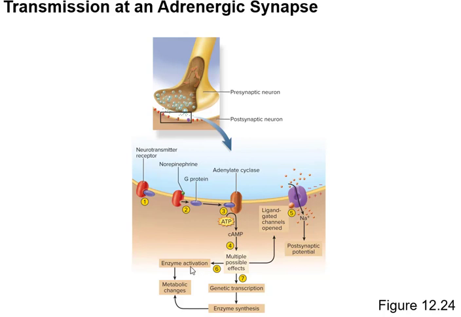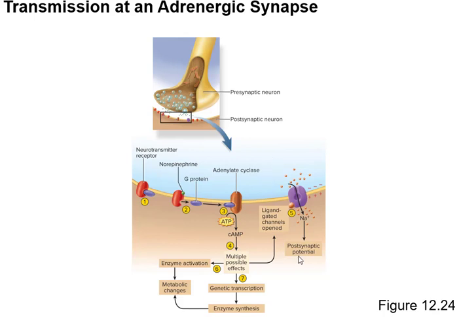And it can activate other enzymes. It can cause genetic transcription. It can cause enzyme synthesis, metabolic changes, or it can do the old going over and do ligand-gated channel openings, like the other thing did, the acetylcholine did.